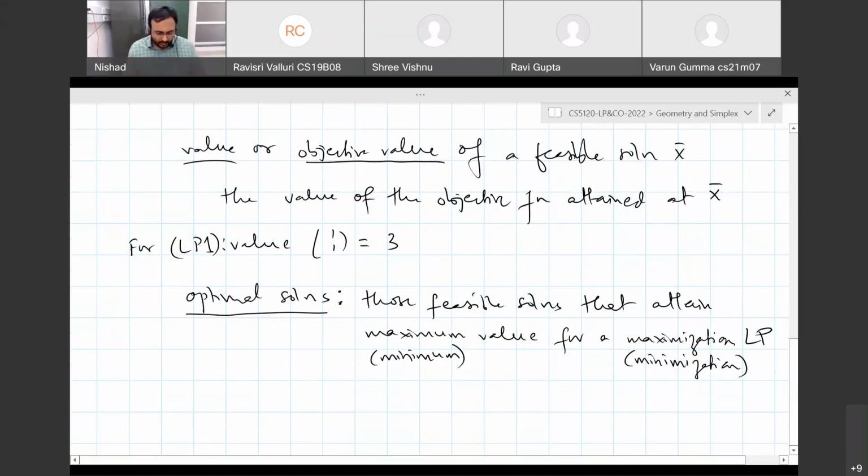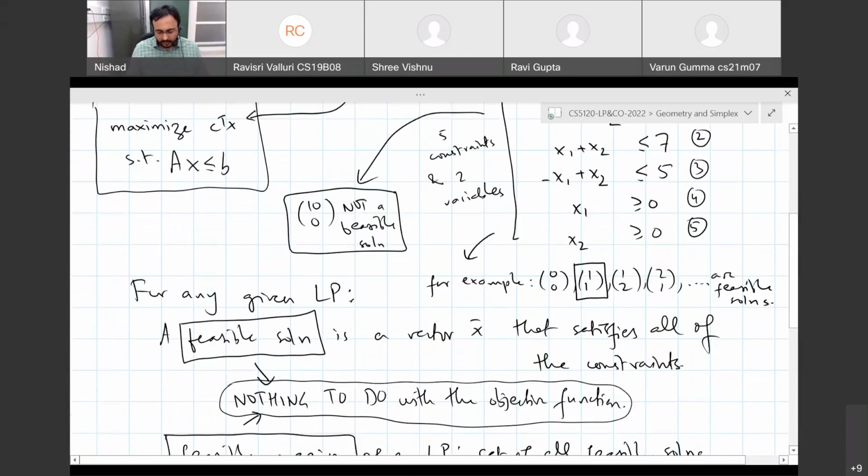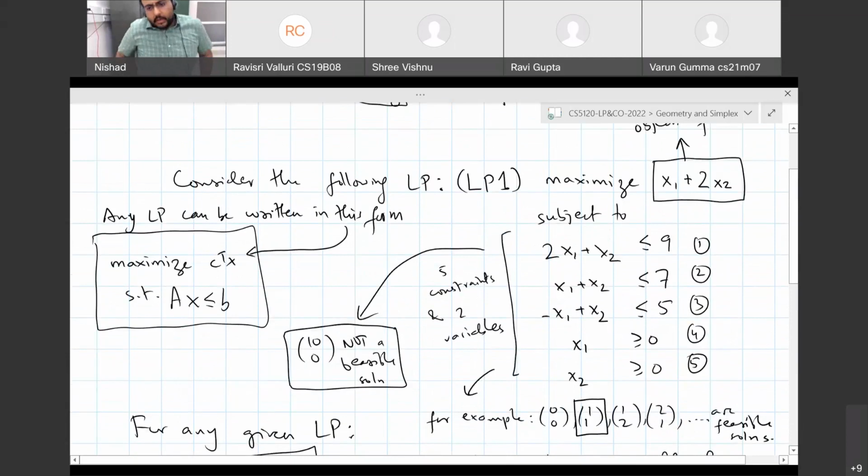Okay. So we don't know what an optimal solution for this particular LP is, but let's not worry about it. We will eventually find it. Okay.